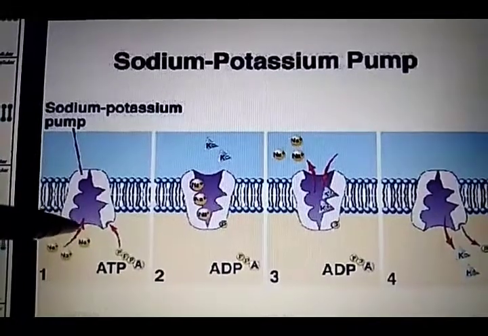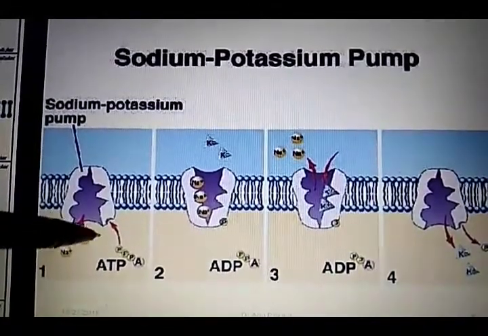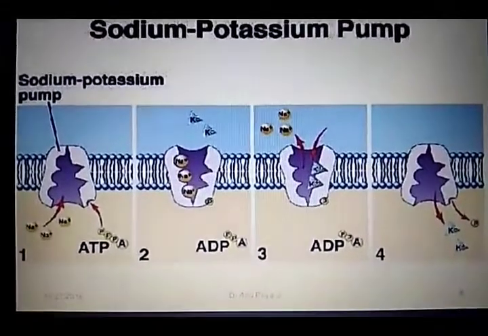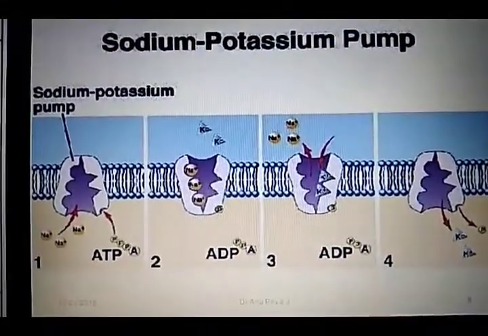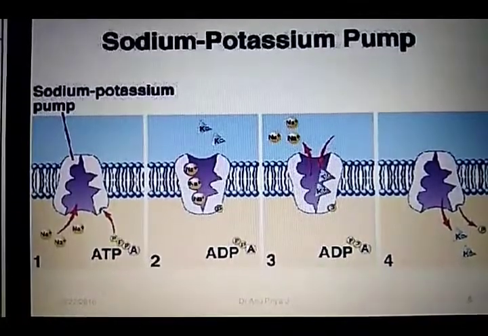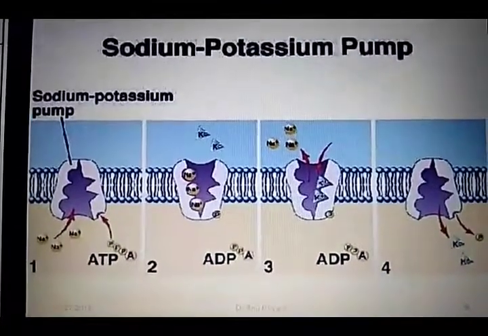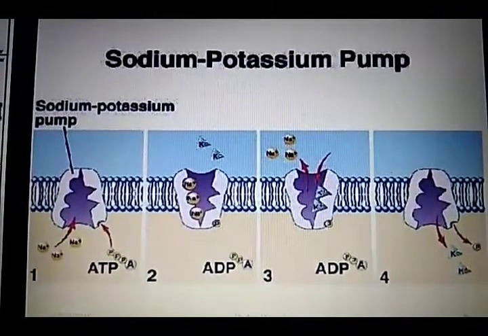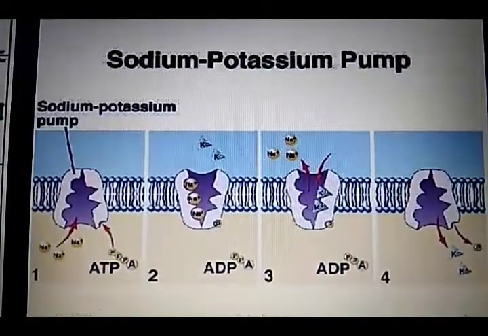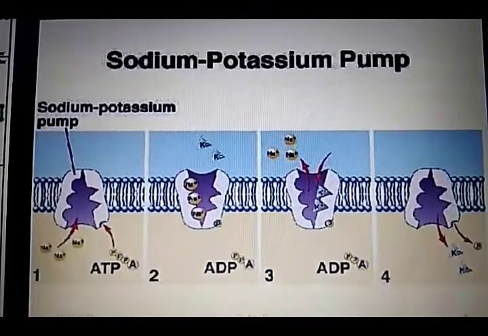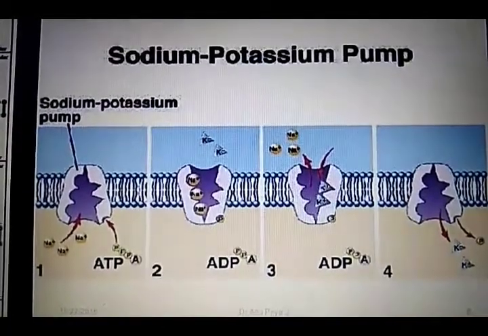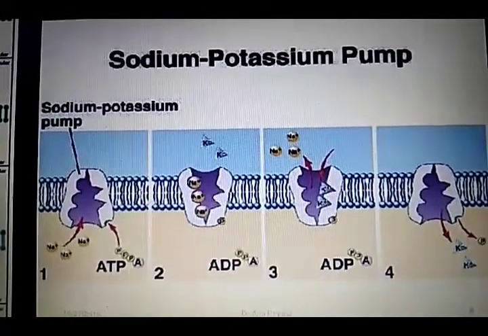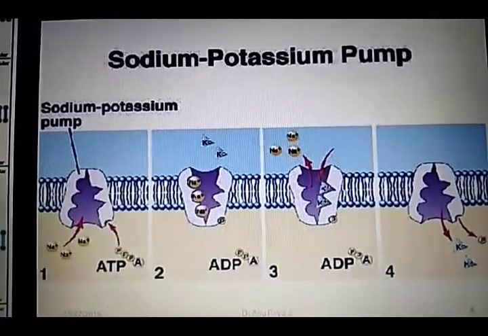In the first figure, you can see that the opening is towards the cytoplasm, but in the second figure, you can see that a conformational change occurs, and the mouth towards the extracellular fluid or space opens up, while the end towards the cytoplasm gets closed. Because of this, the outer surface of the molecule now faces the inner side of the cell, and the inner surface of the protein molecule faces the outer side of the cell.